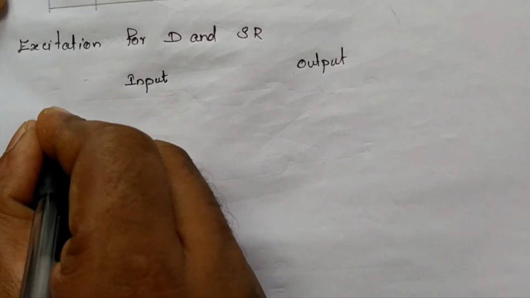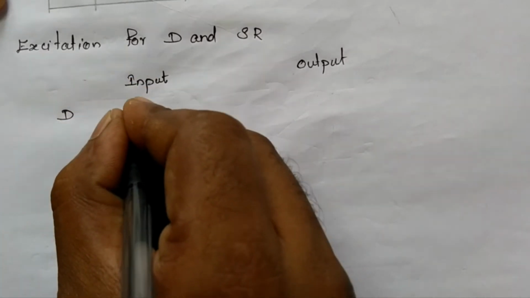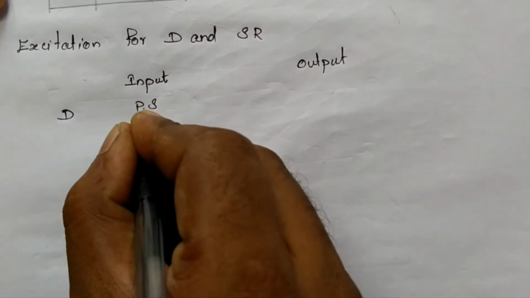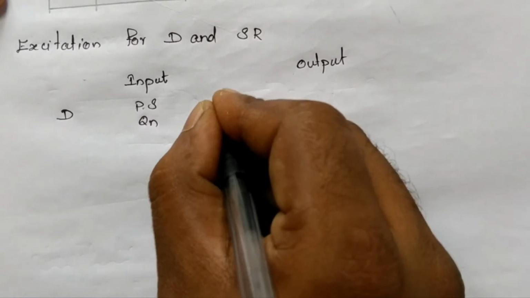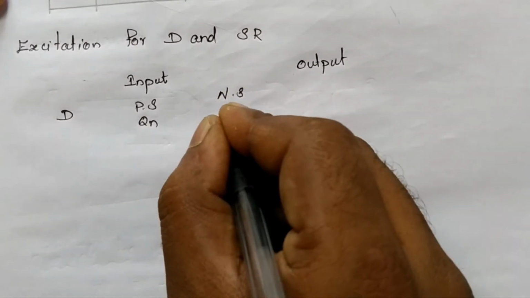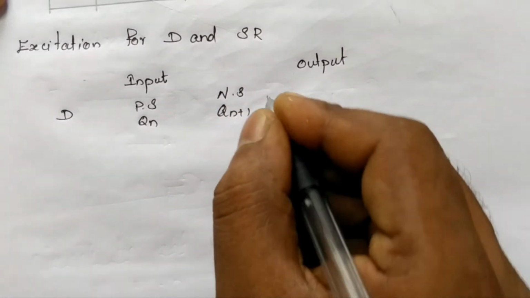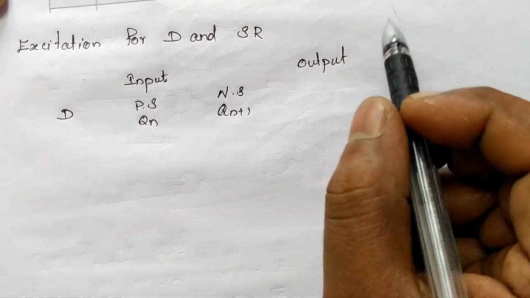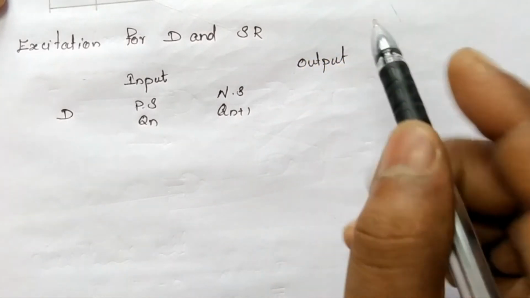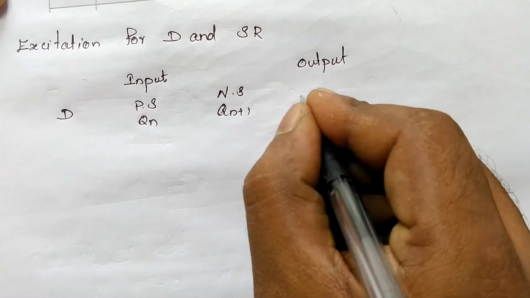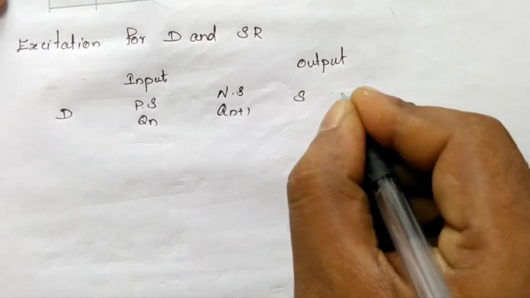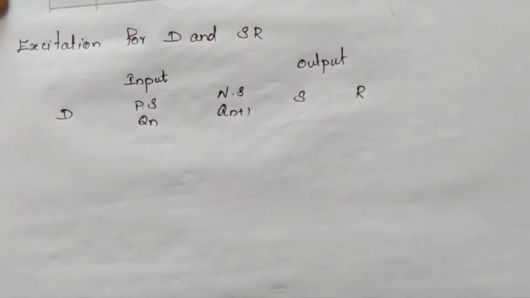Therefore here it's D, then followed by its present state Qn, then next state Qn plus 1, then the outputs. So those outputs will be connected to the SR flip-flop. Therefore here we are considering them as S and R.